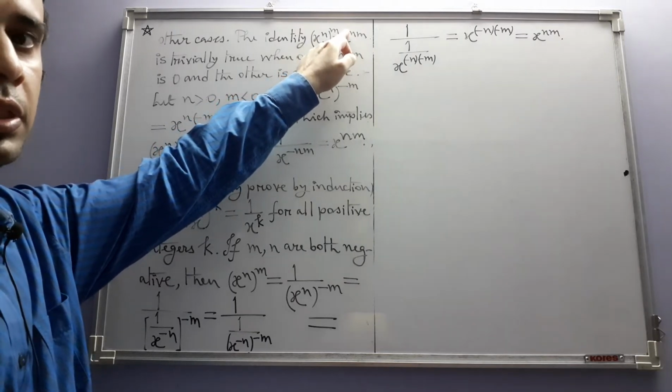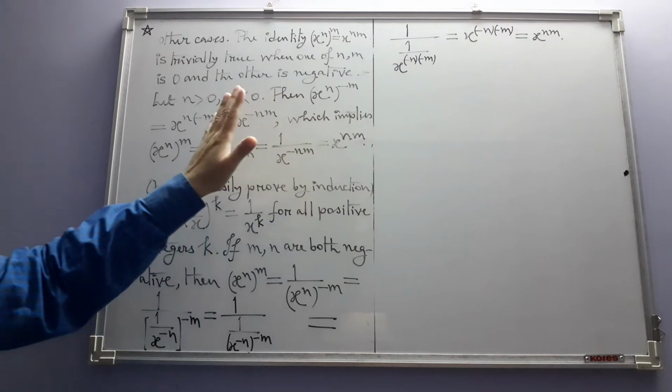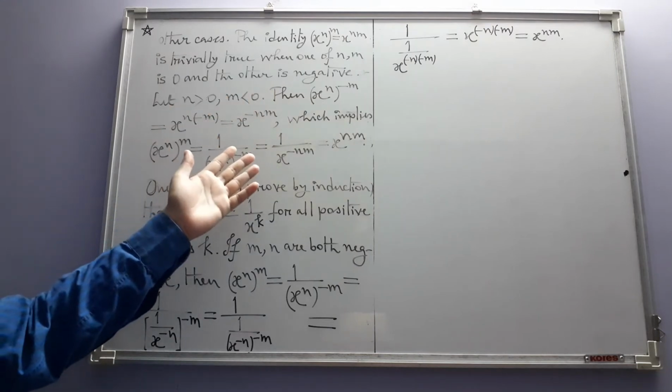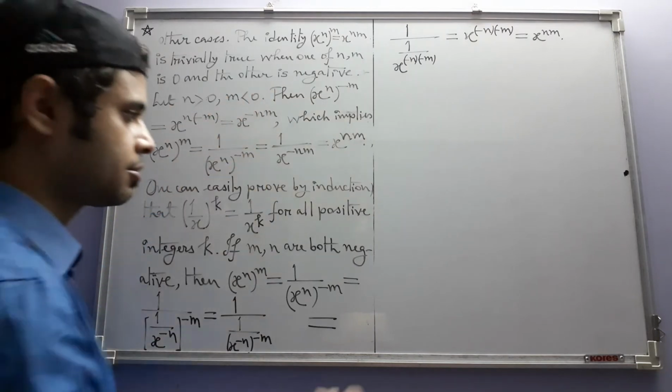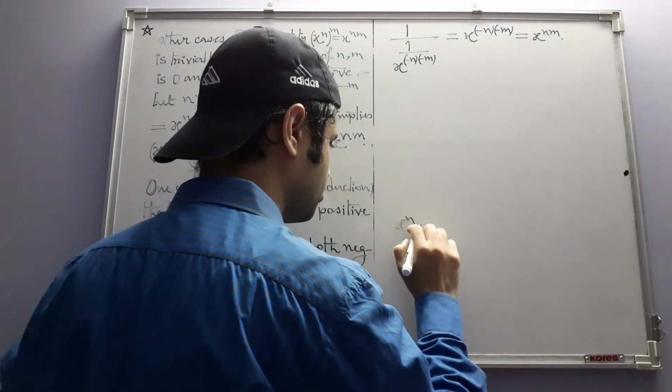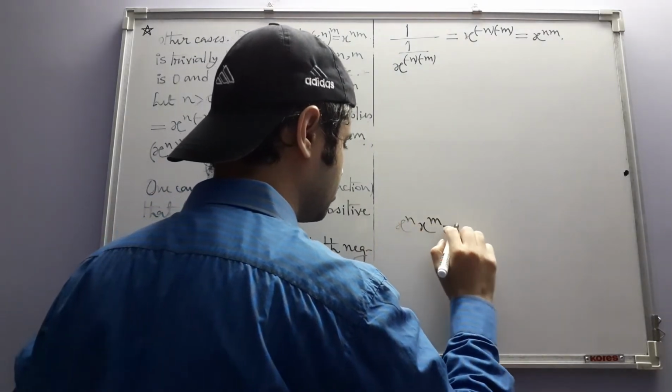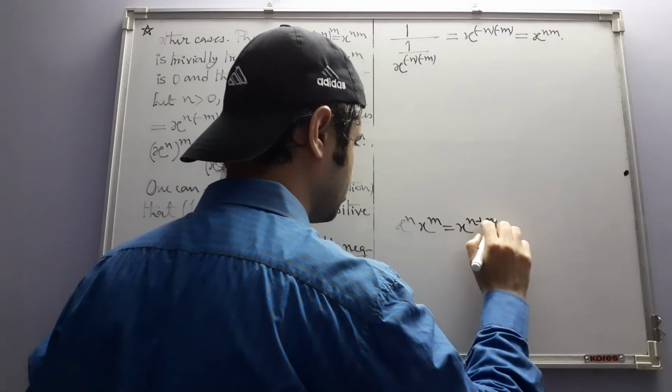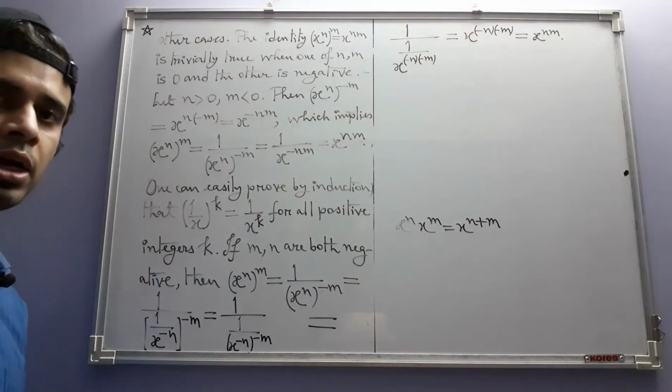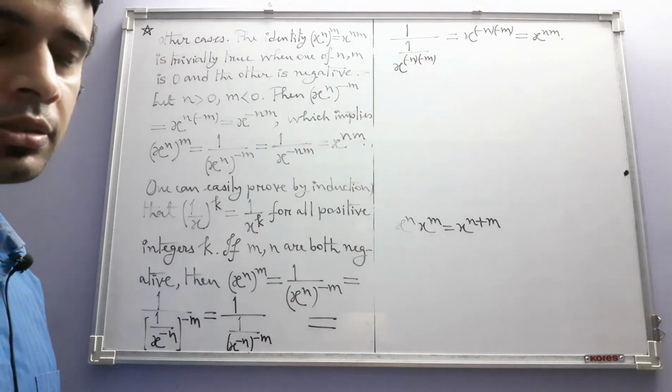That also has to be taken care of, because you see in the previous identity, n and m had the same status.